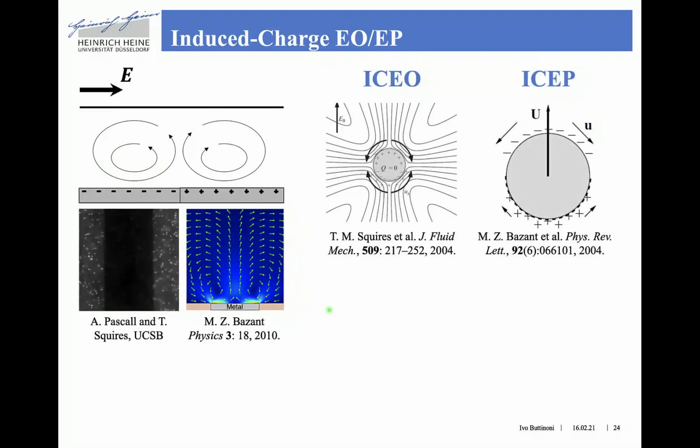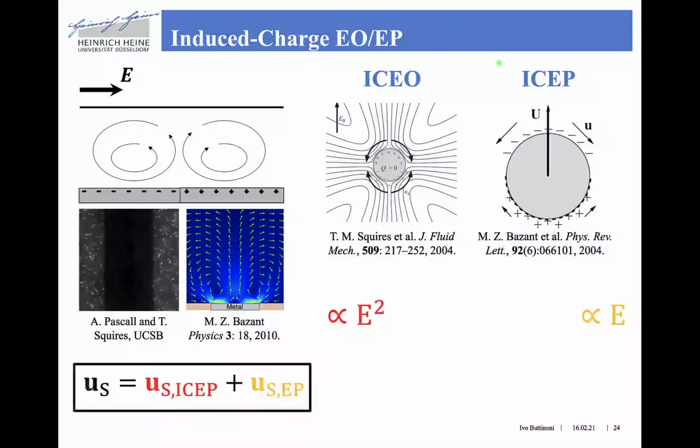The same thing happens if we have a conductive surface or a conductive particle, which acquires an additional zeta potential under an applied external electric field. This is known as induced charge electroosmosis or induced charge electrophoresis, and sums up to classical electroosmosis or electrophoresis, leading to an additional slip velocity.